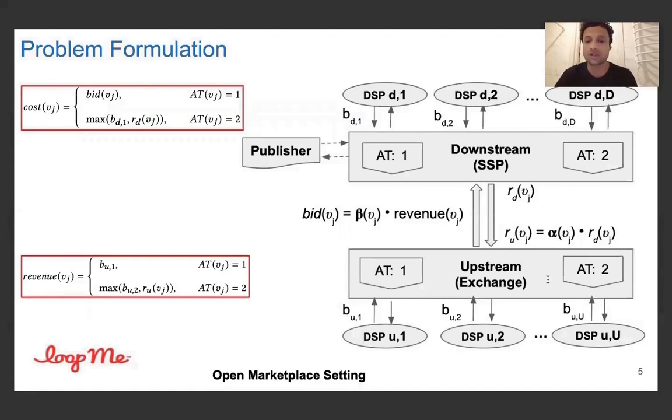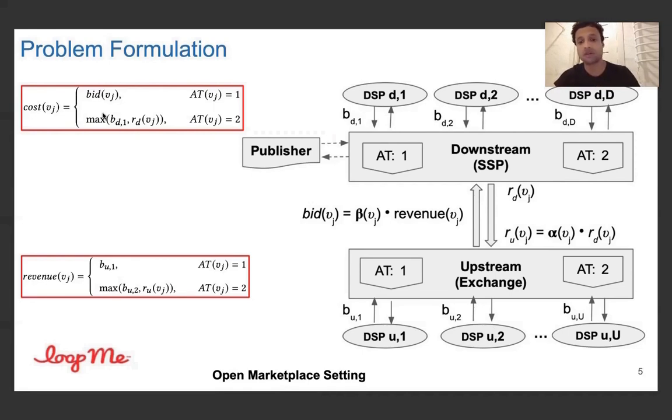The ad request originating from the publisher arrives at the SSP, which then passes it to its bidders. One of them is our modeled exchange. We assume that the upstream auction is the same as that of the SSP. The clearing price of the upstream constitutes the revenue, and the clearing price of the downstream is the incurred cost for the exchange.